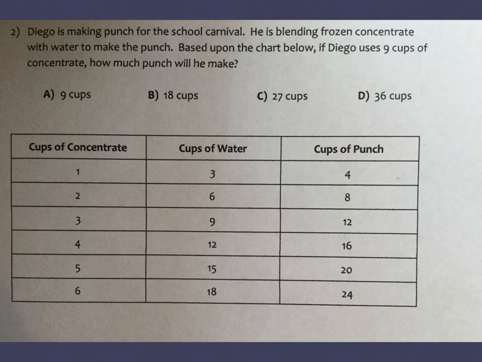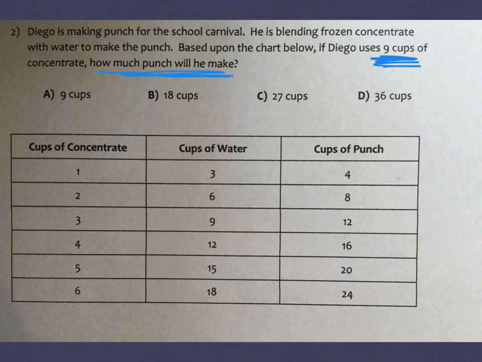In our final problem, Diego is making punch for the school carnival. He's blending frozen concentrate with water to make the punch. Based upon the chart below, if Diego uses 9 cups of concentrate, how much punch will he make? 9 cups of concentrate will make how much punch?